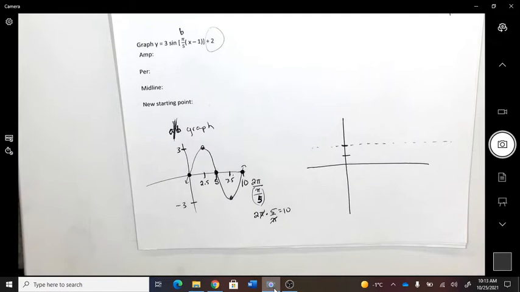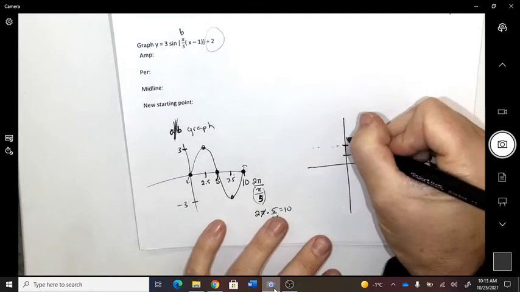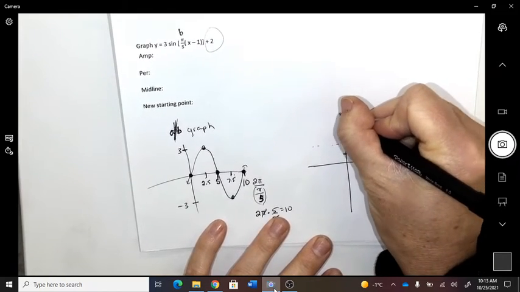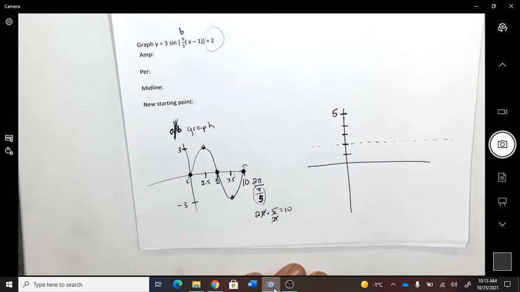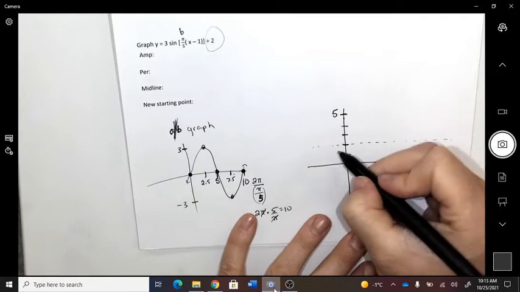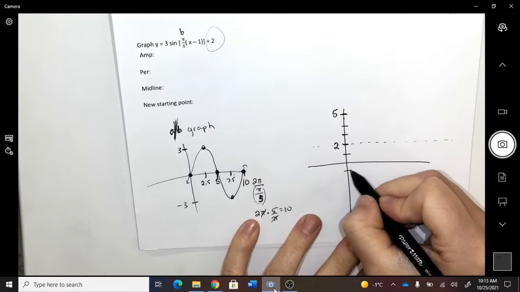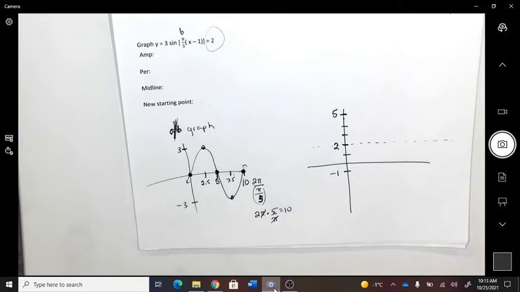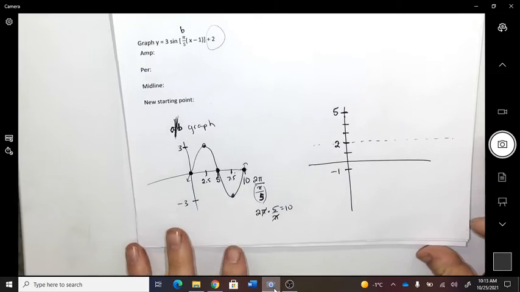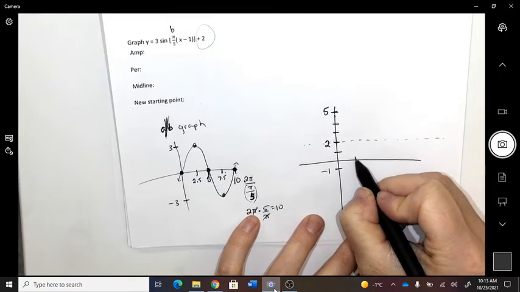What's the highest height we're going to get to now? 5. So I do that. And what's the lowest height? -1. Now I'm going to draw my 4 ticks.